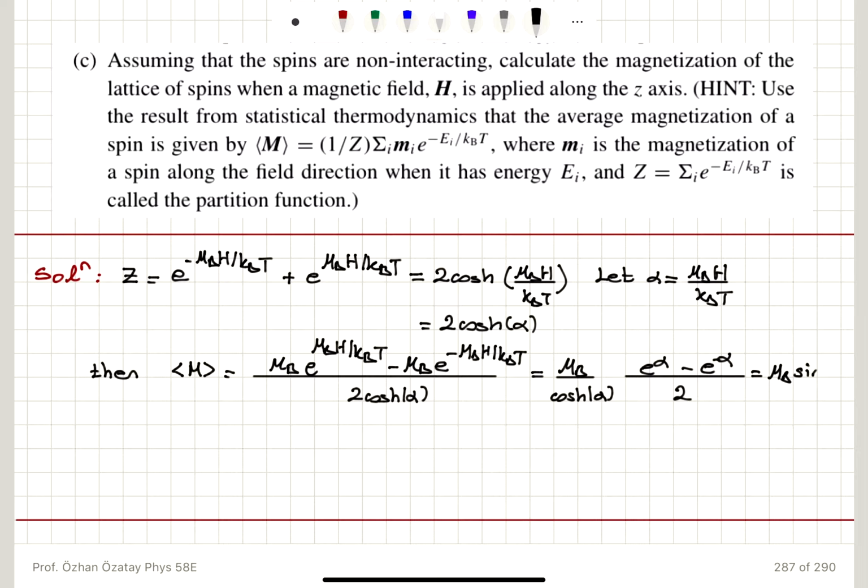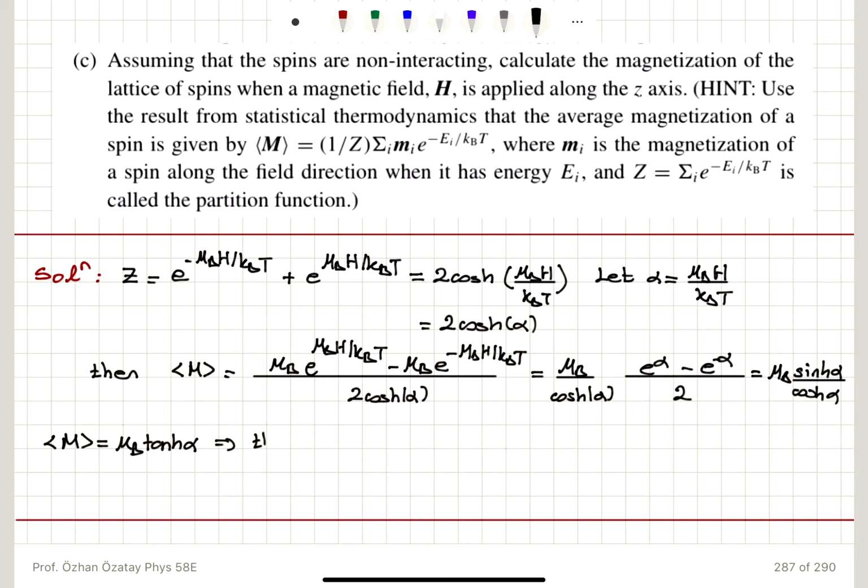So μ_B times sinh alpha divided by cosh alpha. All right, so this is basically μ_B times tanh alpha. So we obtain the average magnetization per spin to be equal to μ_B times tanh alpha.